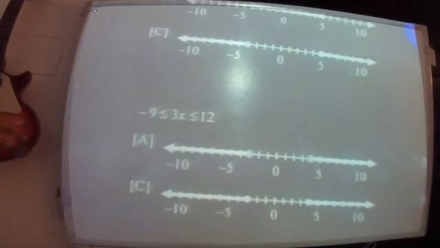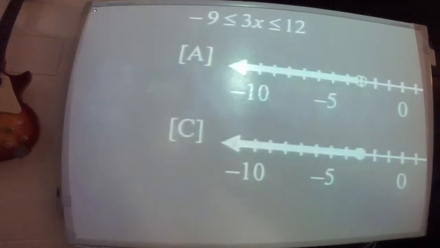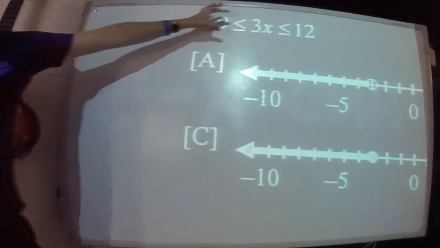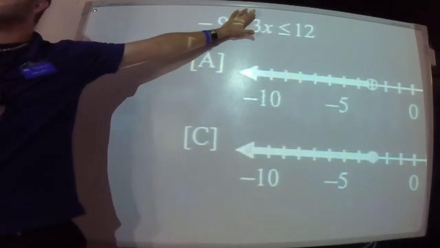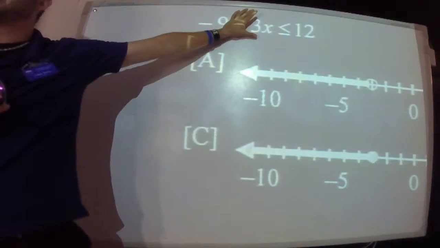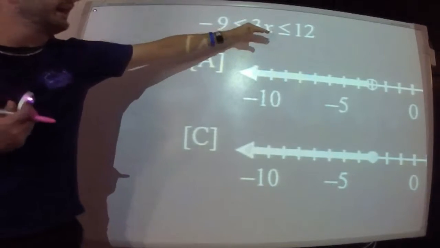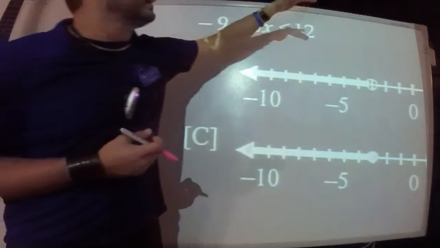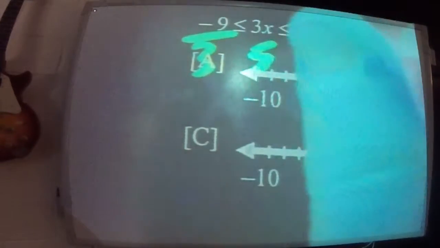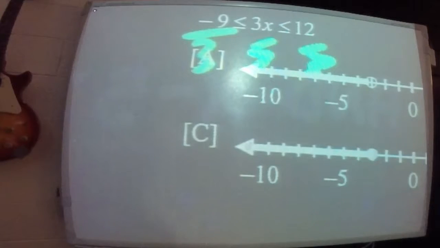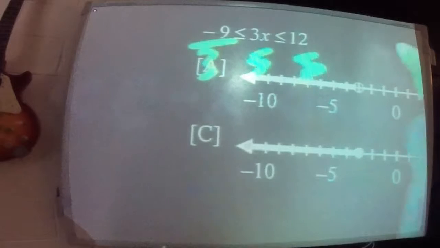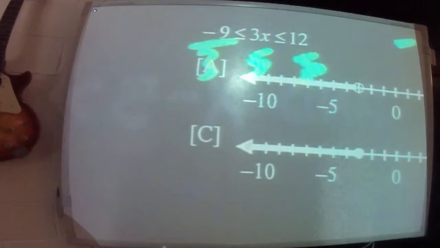On examples 2 and 3, on these monsters, you're going to have to take care of the coefficient on x. So when you've got a 3 on x, how do you get the 3 off of the x? Divide all three sides by 3. What's -9 divided by 3? -3 less than or equal to x less than or equal to 12 divided by 4.